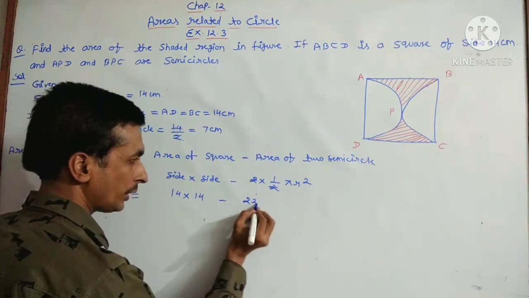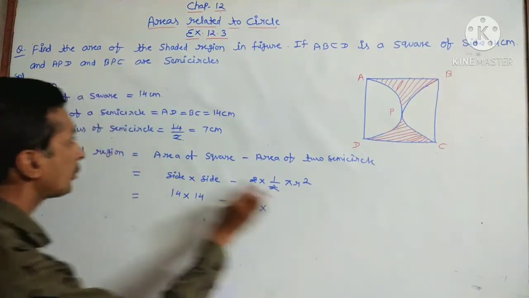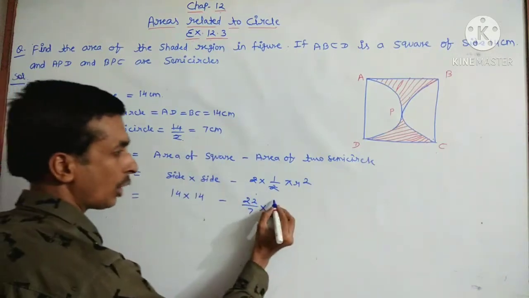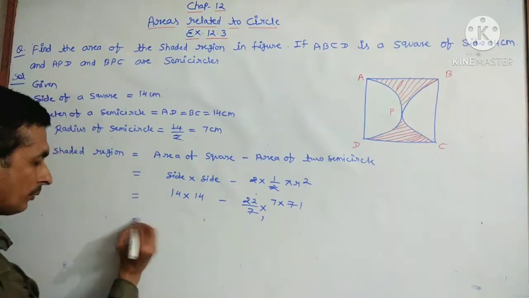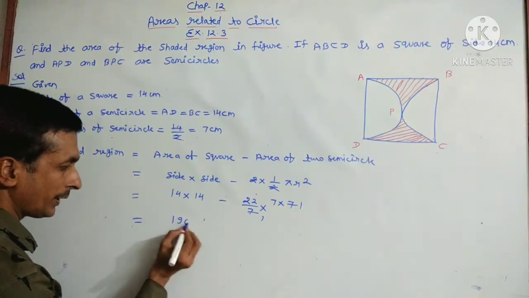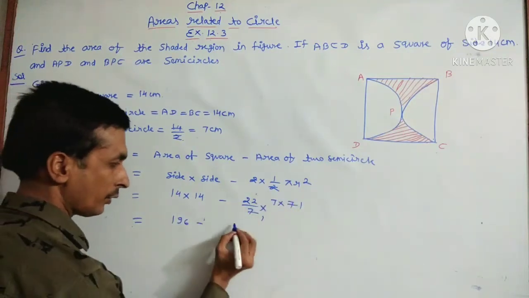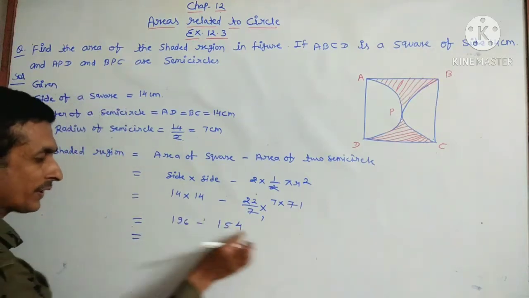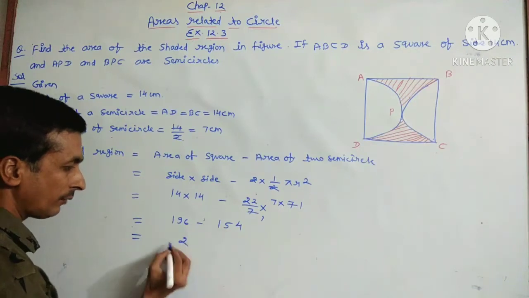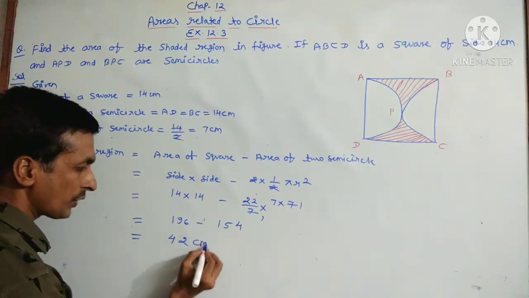The pi value is 22 upon 7 and the radius is 7. So 7 ones are 7. So next, 14 into 14 is 196, minus 7 times 22 is 154. So 6 minus 4 is 2, 9 minus 5 is 4, 42 centimeter square.